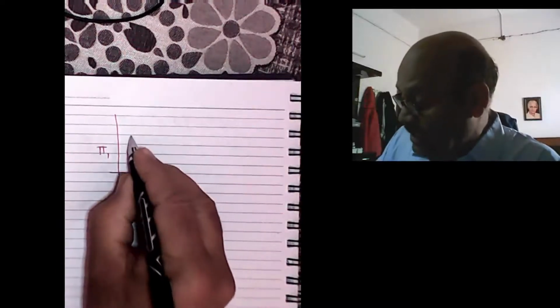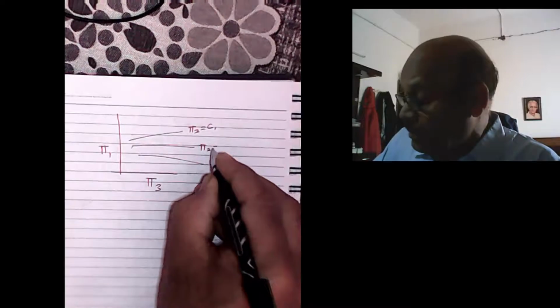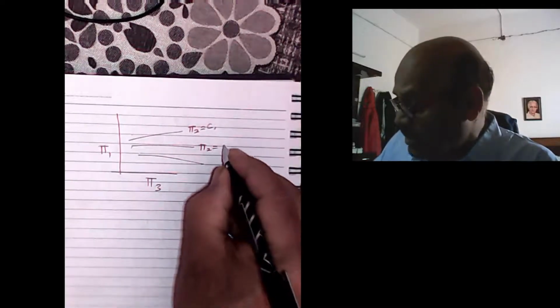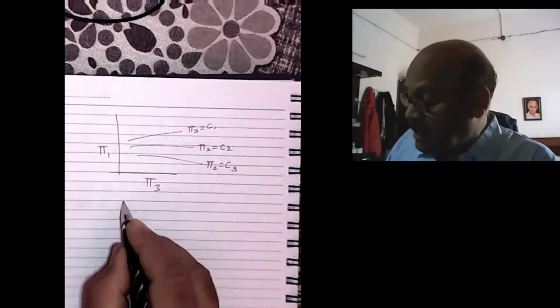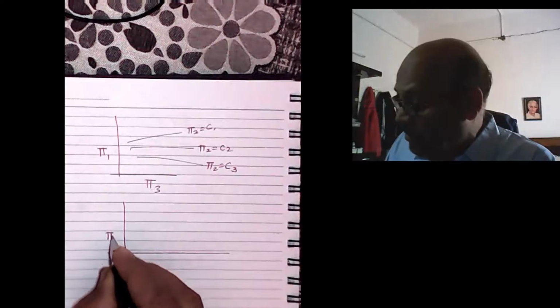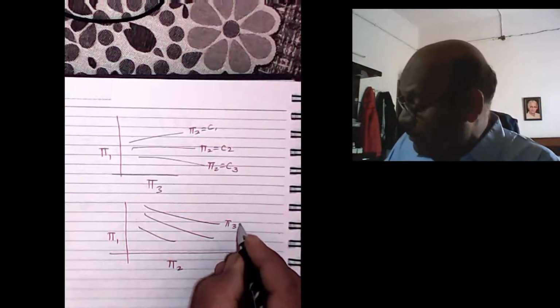So I'll show you how. So this is my pi 1 and this is my pi 3. Let's say I am getting these curves. This is for pi 2 equal to C1, pi 2 equal to some other value C2, pi 2 equal to some other value C3. Similarly, I'll get curves for pi 1 versus pi 2, while pi 3 is kept constant.